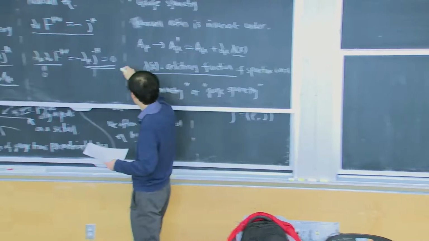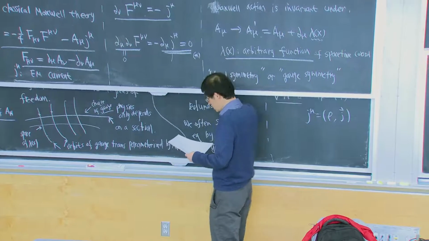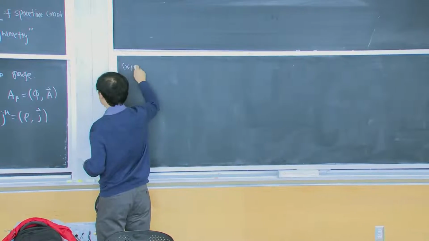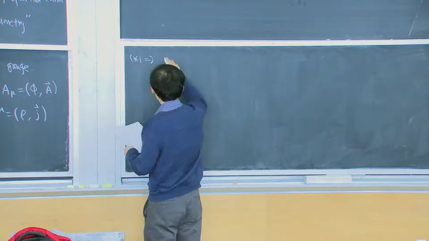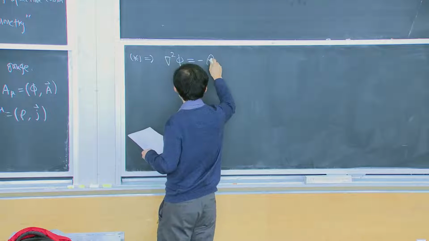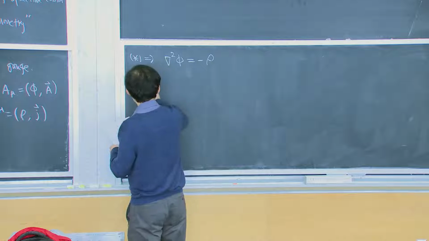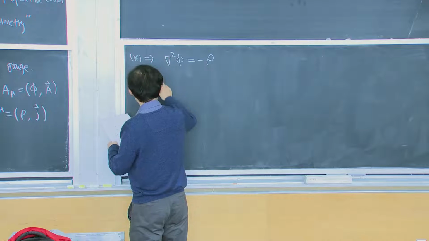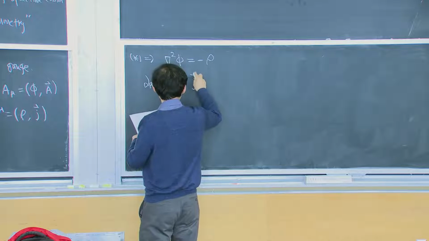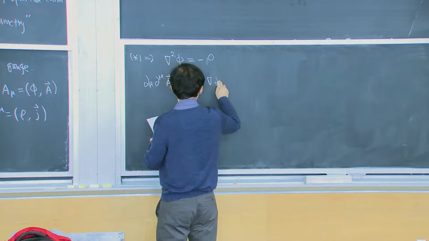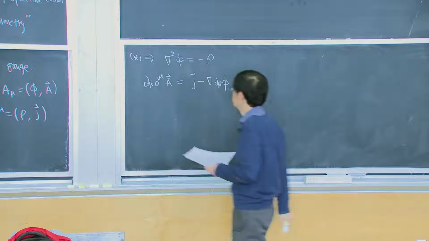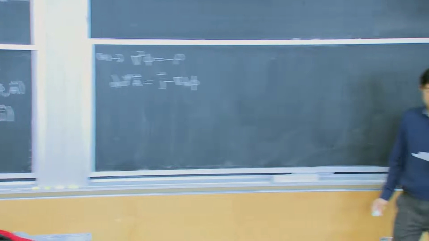The time component becomes the so-called Poisson equation, and the spatial component becomes like this. So you get these two equations.